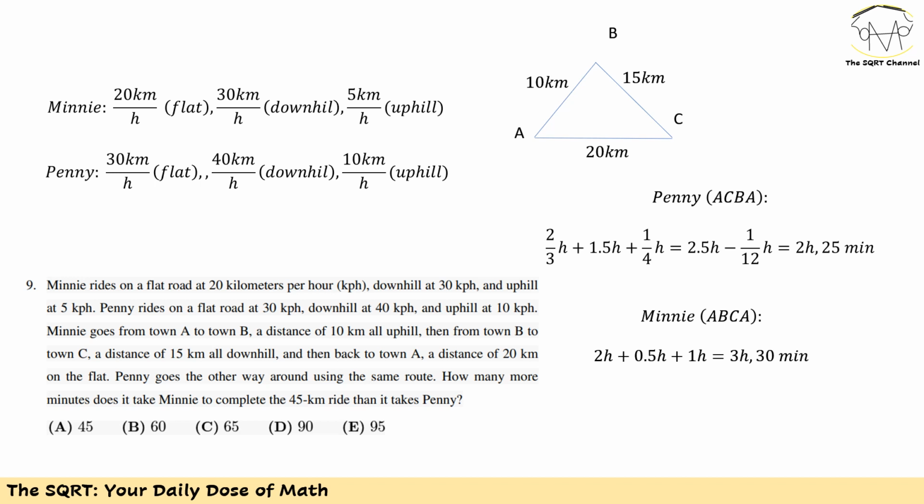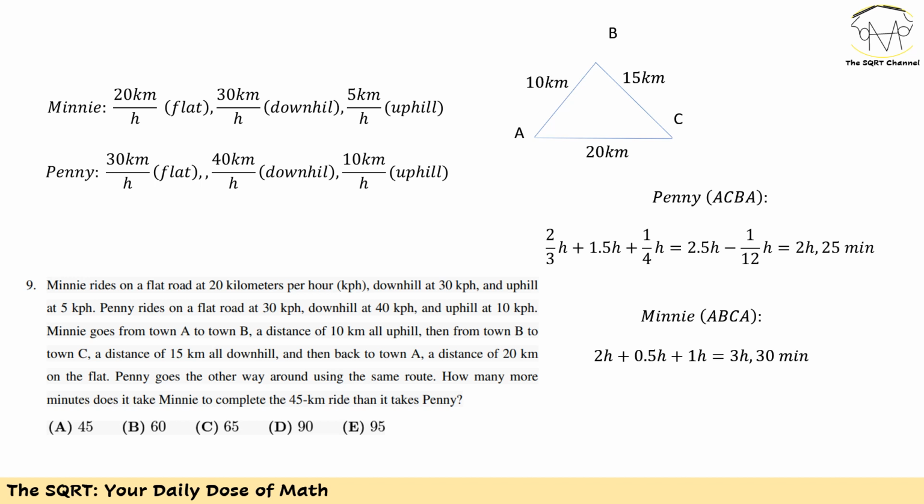And then we have from C to B, which is basically 15 kilometers, it's uphill, so it's going to take 1.5 hours. And then from B to A, it's going to be 40 kilometers per hour. It's 10 kilometers, so it's going to take 1 over 4 hours. So if you add them together, you're going to end up with 2 hours and 25 minutes for Penny to take the road that the question asks.